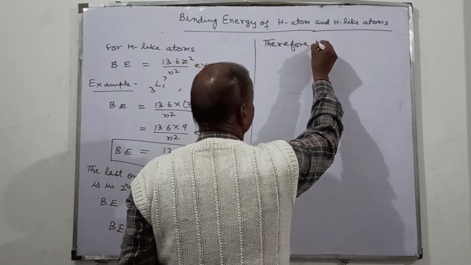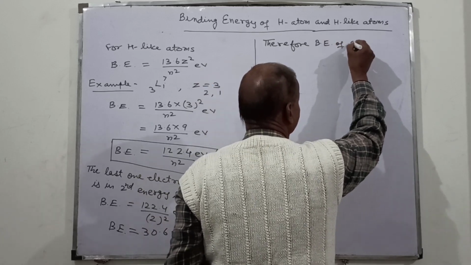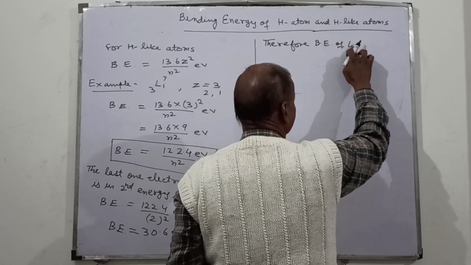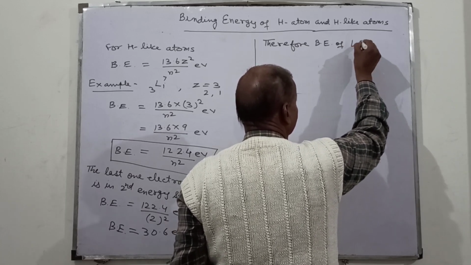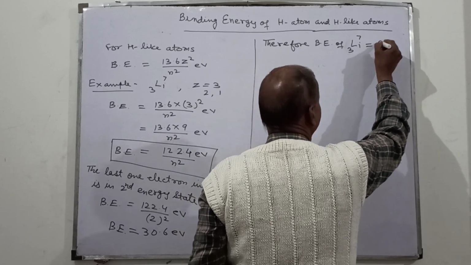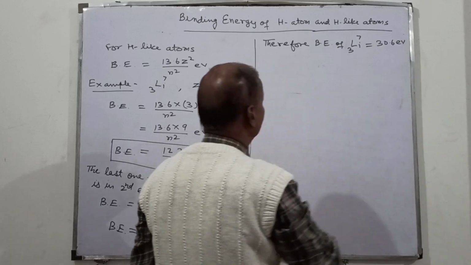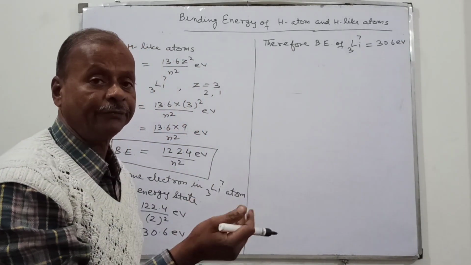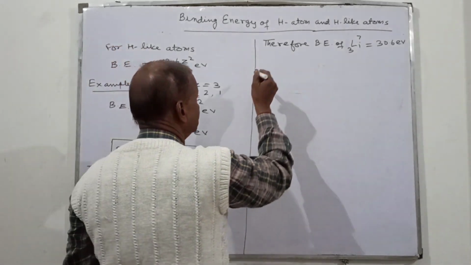Therefore, the binding energy of lithium 3,7 is equal to 30.6 electron volt, which is our first binding energy.